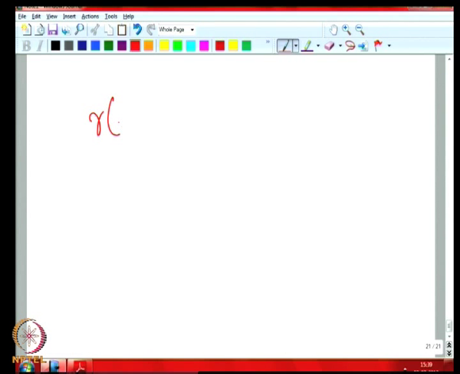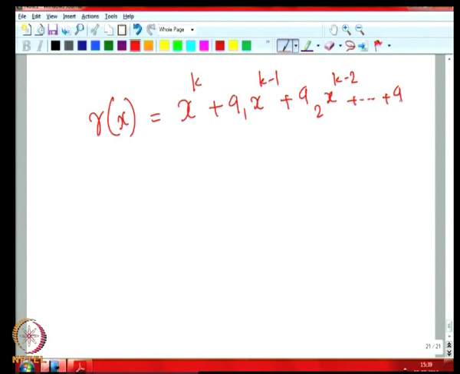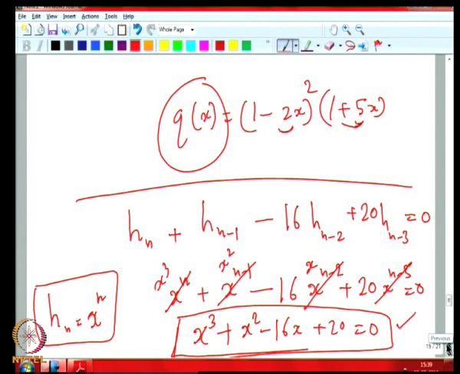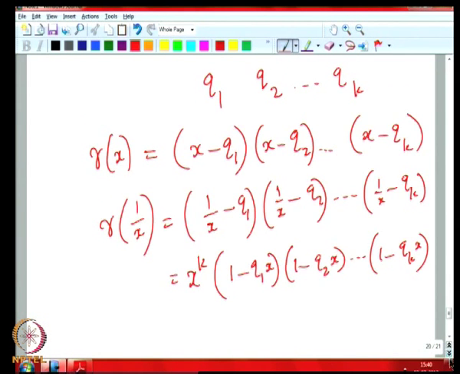R of x is x raised to k plus a1 x raised to k minus 1 plus a2 times x raised to k minus 2 and so on, plus ak. This is the way we write the characteristic equation.